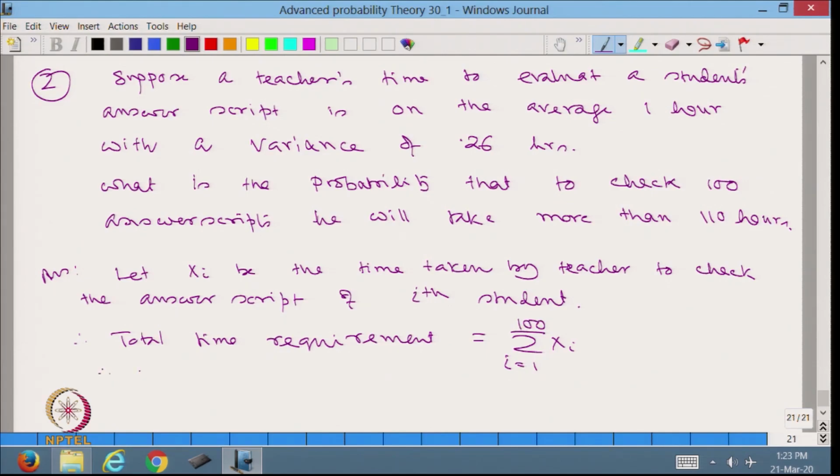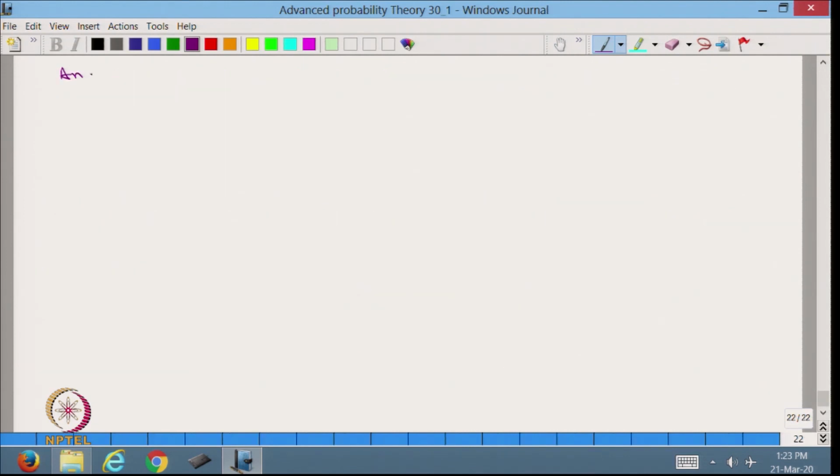Therefore, mean of Sn is equal to 100 into 1, which is 100 hours, and variance of Sn is equal to 100 into 0.26.